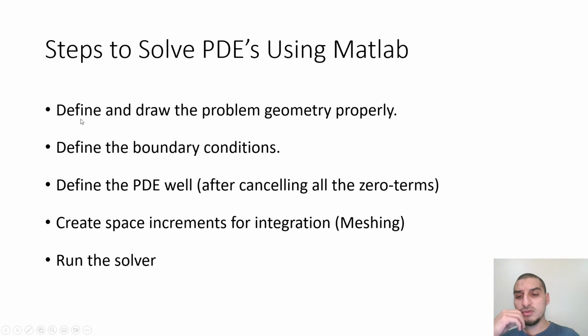Then define the boundary conditions. In this case, this is going to be more detailed than what we used to do, because it's in 2 dimensions, so you might need to define 4 boundary conditions, or more than 1 boundary condition, according to the geometry that you have.